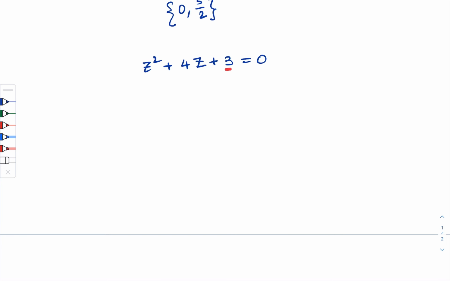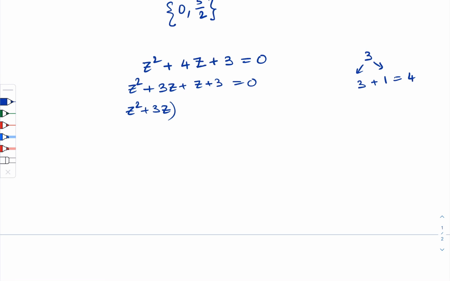You take the 3, multiply it by the 1, you get 3, right? Factors of 3 that could make 4 are 3 and 1. So 3 plus 1 is equal to 4. So I'm going to replace the 4z with 3z plus z, plus 3 is equal to 0. Group them: z squared plus 3z, and second group, z plus 3.